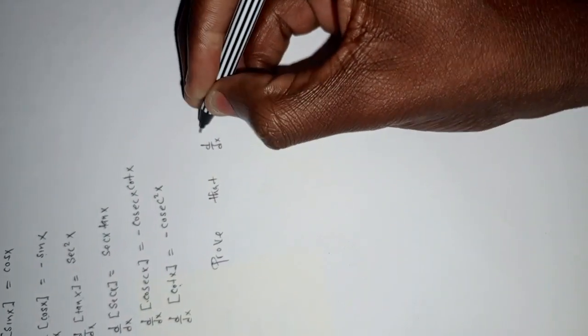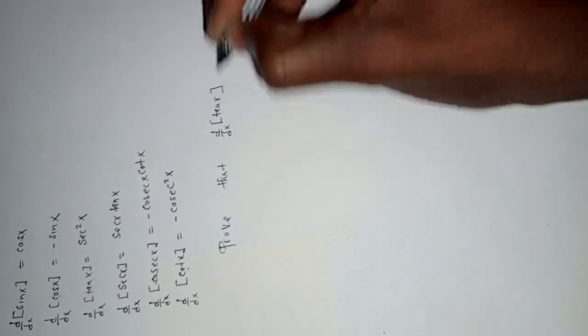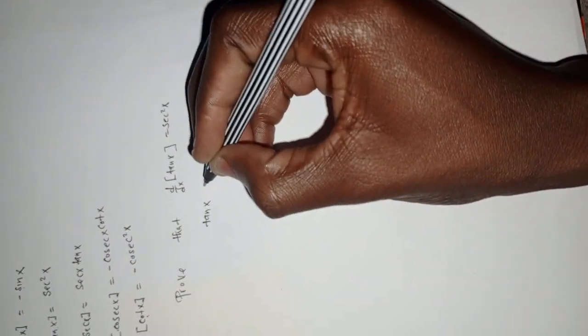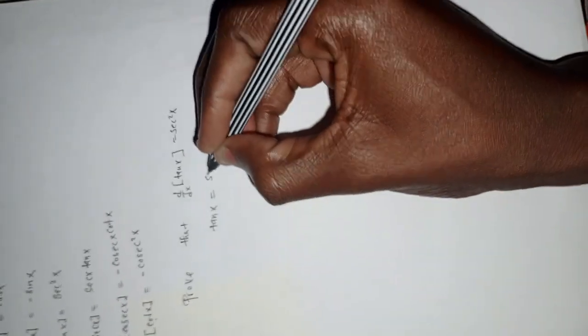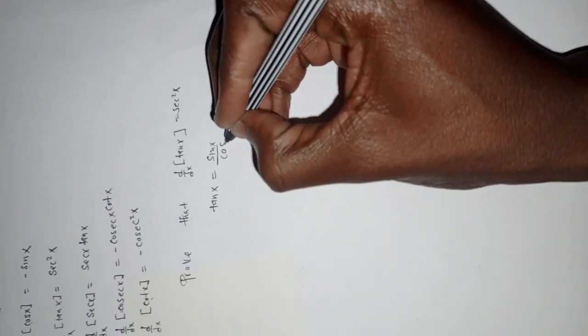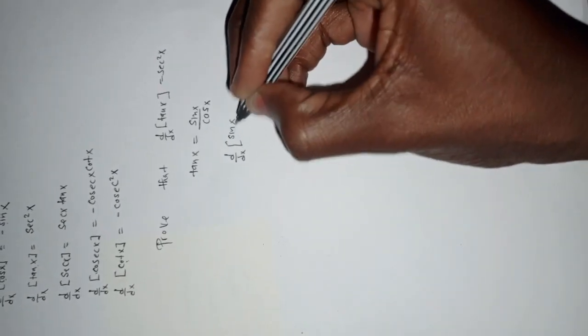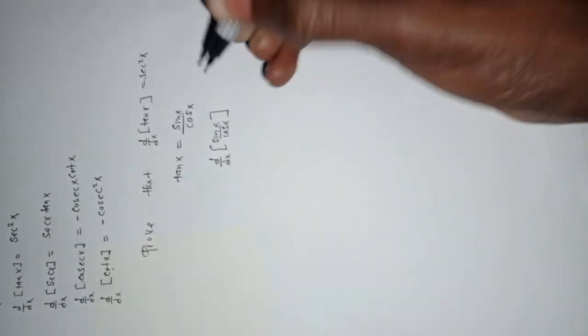What we need in this question, simply, we know that tan x is identical to sine x over cos x. So we can replace tan x with sine x over cos x.